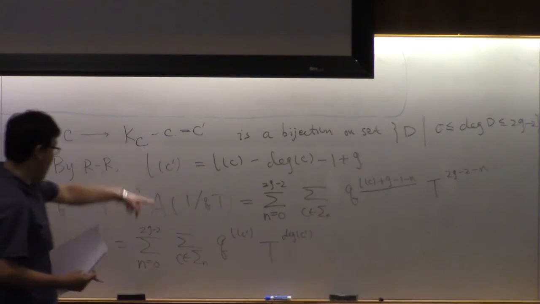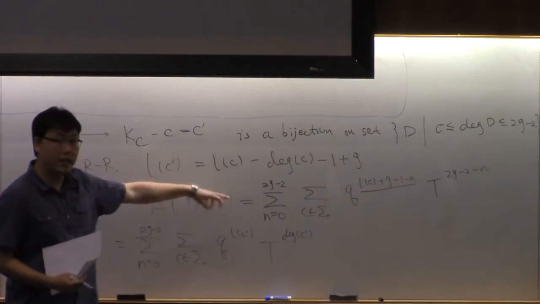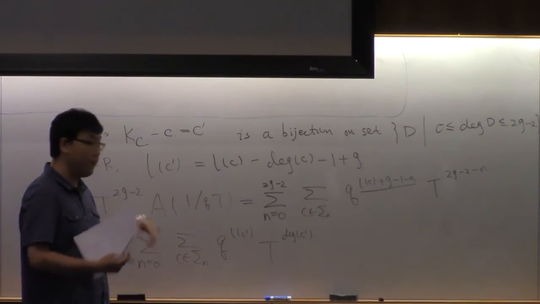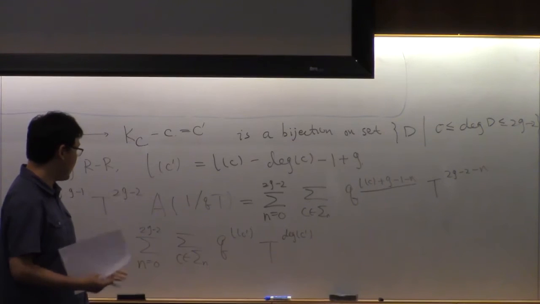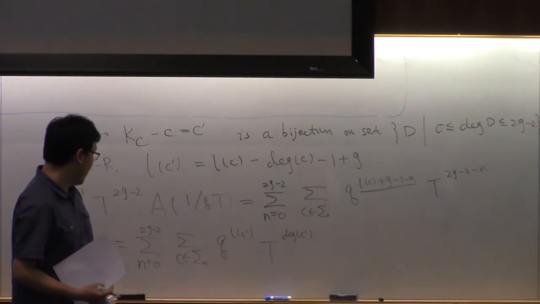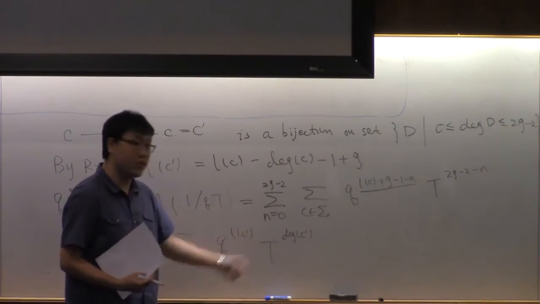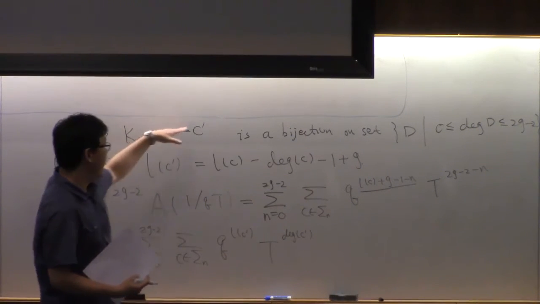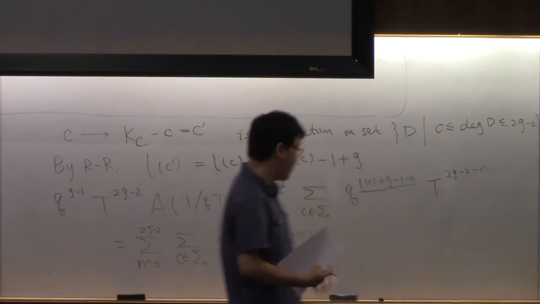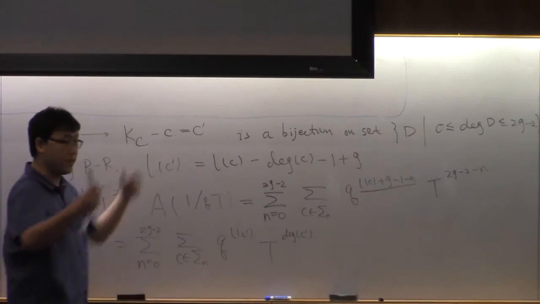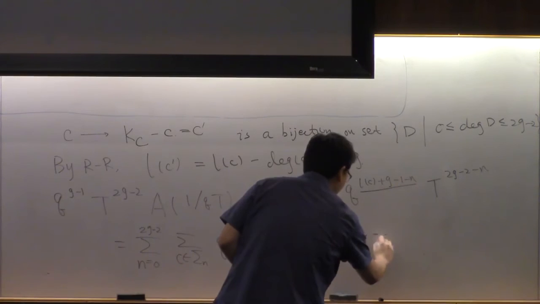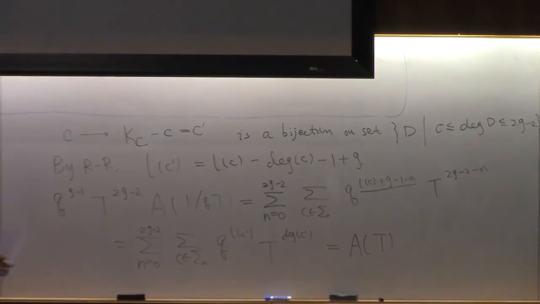In other words, the polynomial A(T) is the sum over all the divisors whose degree is between 0 and 2g-2, but here you take the sum over all the C primes. If C ranges over divisors with degree between 0 and 2g-2, C prime also ranges over the same set. So by the definition, this is just another expression of the polynomial A(T).